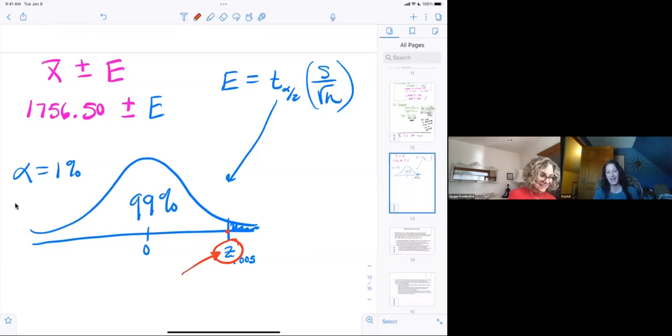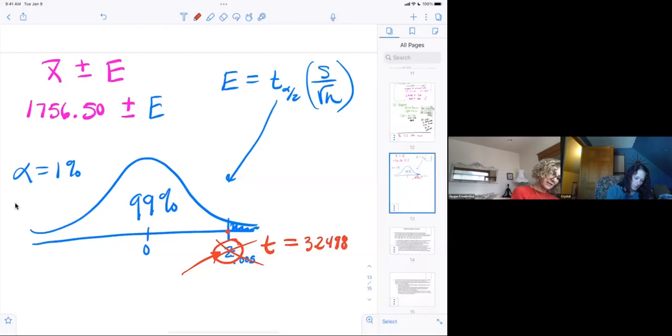So that is not right. We need T, okay? So you're looking at a T distribution. So you're going to go into your StatCrunch and find calculator T, or you're going to use inverse T on your TI-84. So we end up getting critical value of 3.2498. And remember, degrees of freedom, we'll have to use that. So degrees of freedom are 9 in this case.